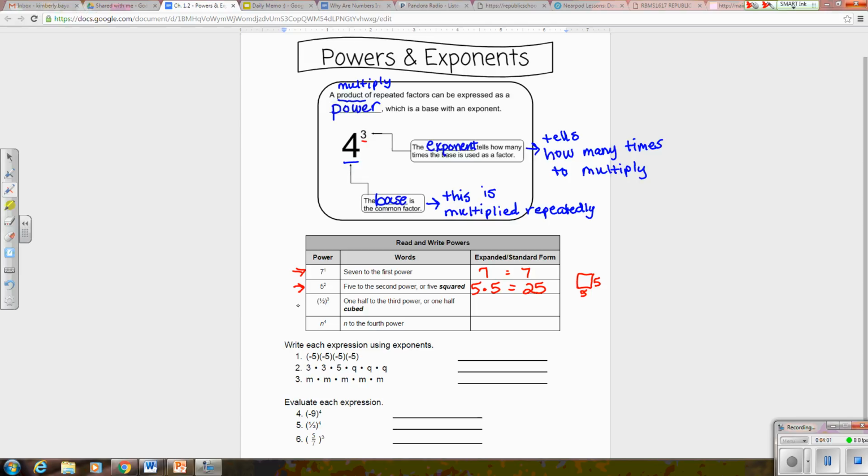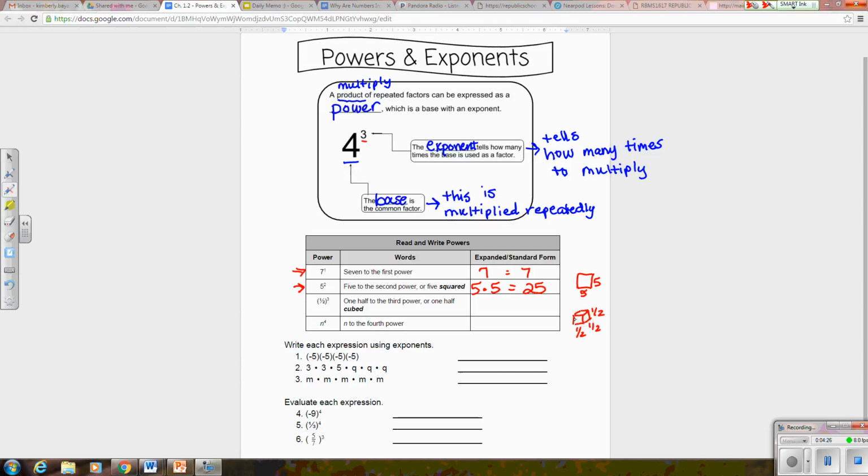The next one, 1/2 to the third power, or we could call it 1/2 cubed. The reason is that if we take a cube, like a little sugar cube, that's 1/2 an inch big, it's got 3 dimensions, and each dimension is 1/2 inch. The length is 1/2 inch, the width is 1/2 inch, and the height is 1/2 inch.